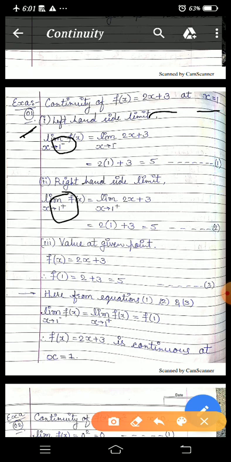Here the negative and positive signs don't mean x tends to minus 1 and x tends to plus 1. The negative sign indicates limit x tends to 1 from the left hand side, and the positive sign indicates limit x tends to 1 from the right hand side. That doesn't mean negative and positive. Remember that. So here we are going to check limit x tends to 1 minus f of x first.